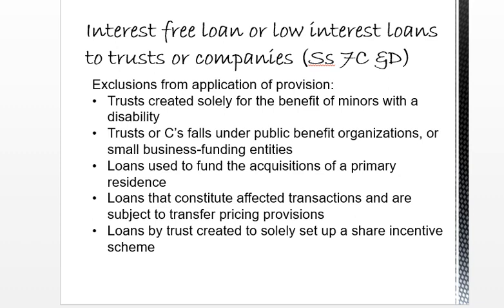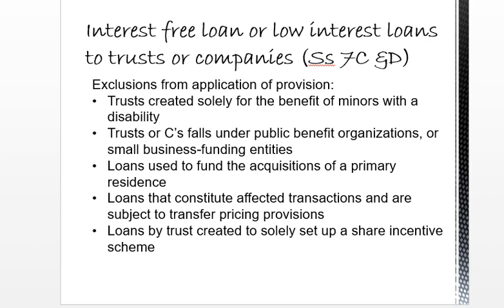And finally, loans by a trust set up solely as a share incentive scheme. So these are all exclusions in which there is no donation tax liability, so you can't calculate that. The most important one is basically a trust set up for the benefit of minors with a disability.